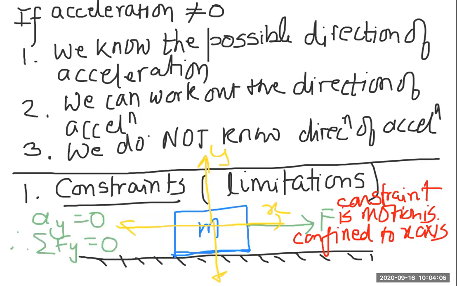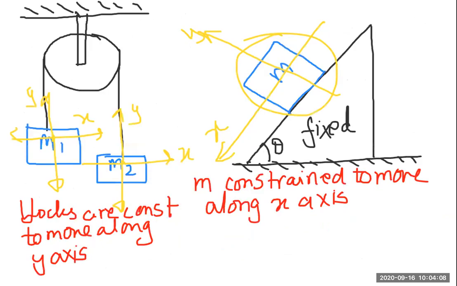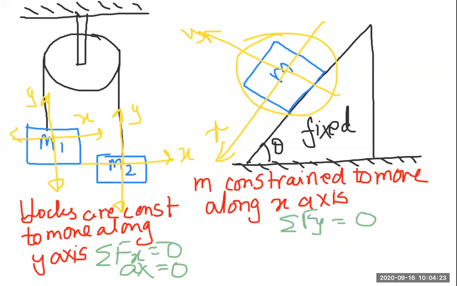We know this. Similarly here, the summation of forces along the x-axis will be 0. Acceleration along x-axis will be 0. Similarly here, summation of forces along y-axis will be 0, since acceleration along y-axis is equal to 0, right?